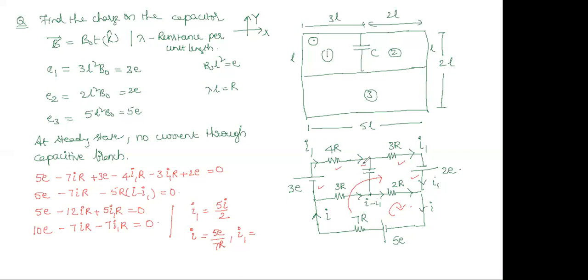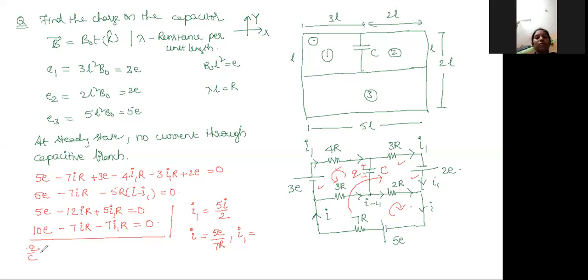Now I keep polarities here, some plus, some minus, Q, which I don't know. So now write the loop equation in the direction. After solving that, Q by C minus 2 plus 4I1R, next minus 3, minus 3 into (I minus I1) equal to 0.